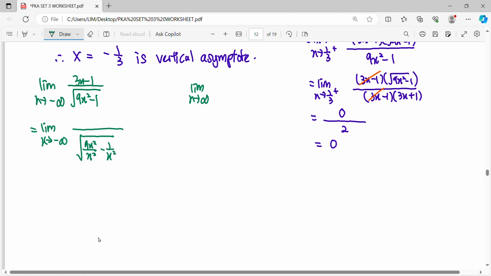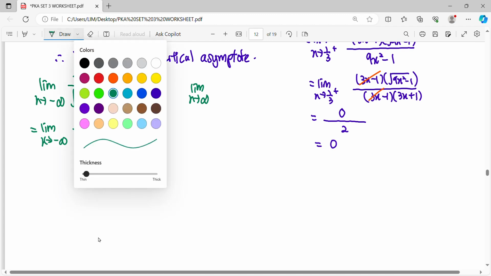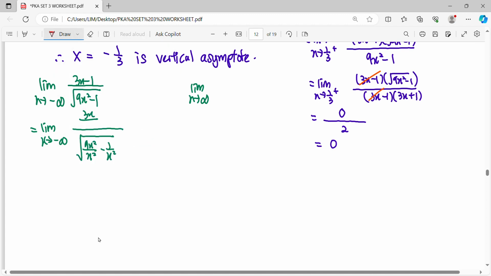For the numerator part, without the surd, divide by negative x. So don't forget that when you divide by the surd x squared, it is equivalent to modulus of x.